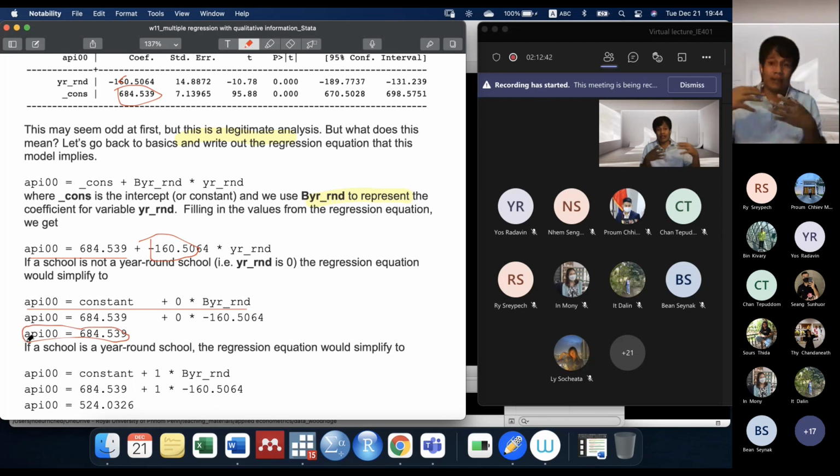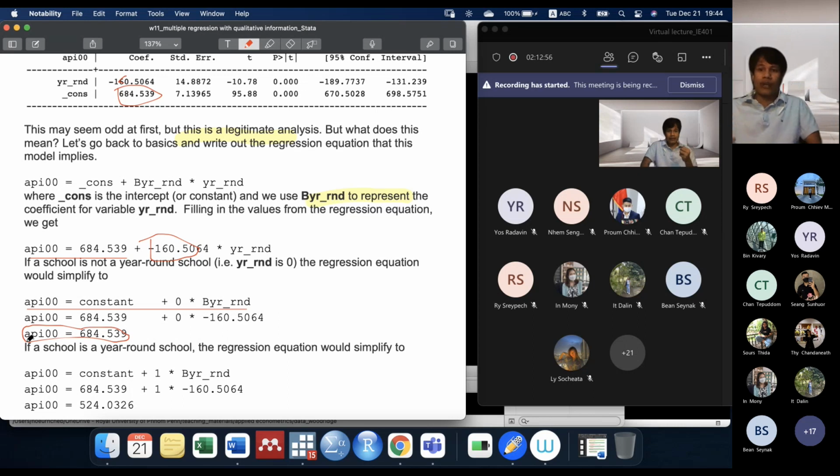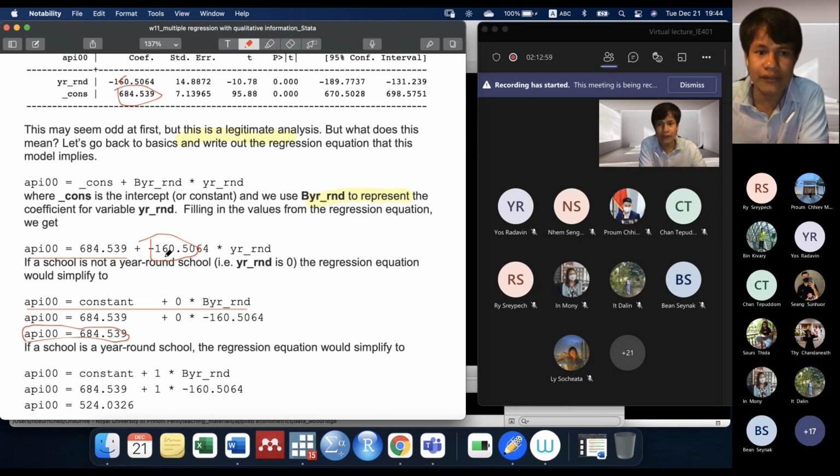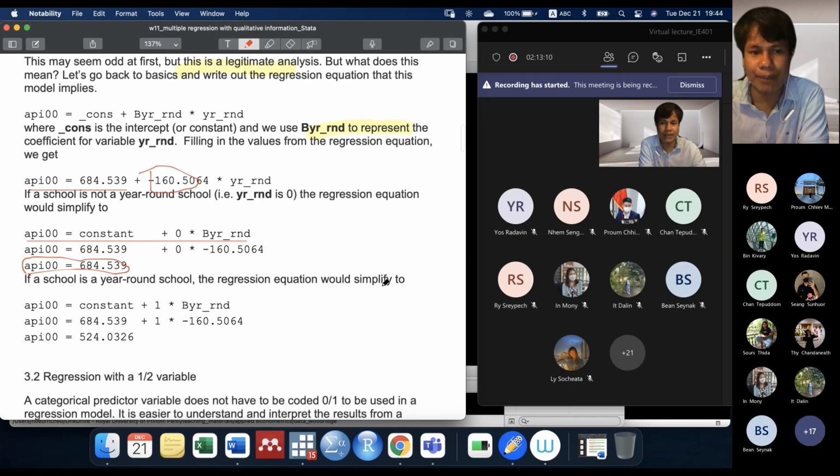You remember the graphical illustration I taught you earlier between male and female. If you use 1, 0, the interpretation is easy. When you replace the value of non-year round with 0, the constant is for schools which are not year round. If the school is year round, the regression equation is 1 multiplied by the beta coefficient, so you get the constant plus 1 multiplied by the coefficient.